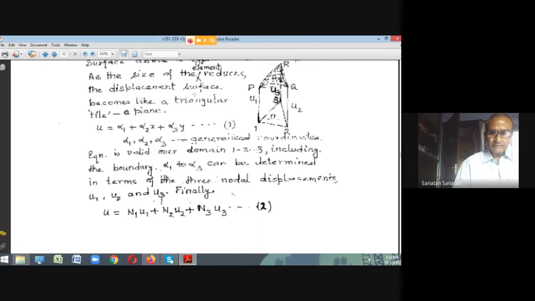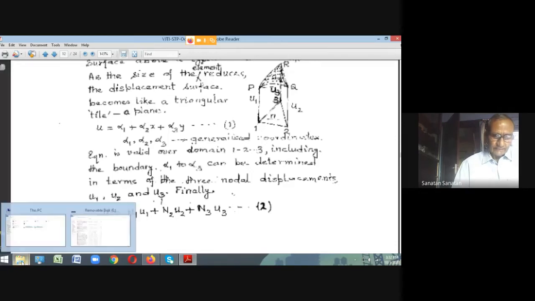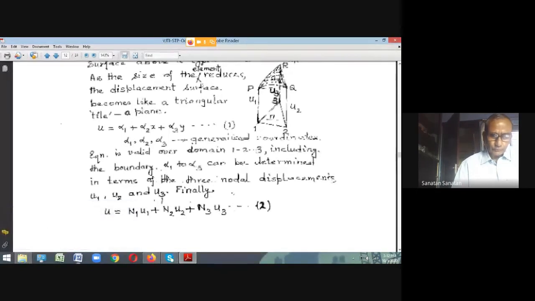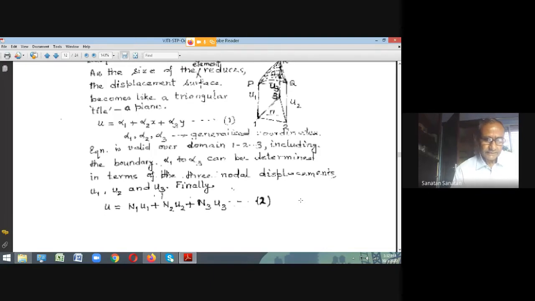So the displacement, that surface which was approximated by a plane triangular tile, has the equation N1 u1 plus N2 u2 plus N3 u3. N1, N2, N3 are called shape functions, and the value of these shape functions is given in terms of alpha 1, alpha 2, alpha 3, and it is given explicitly in the following presentation.